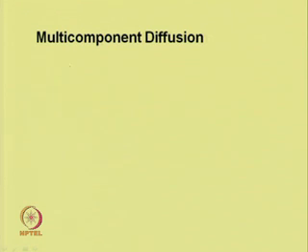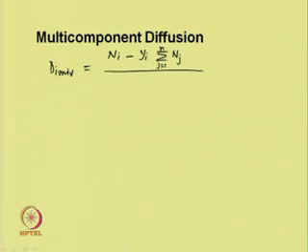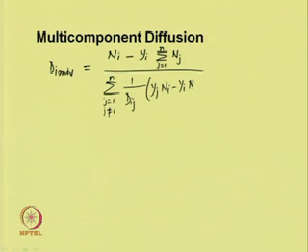So, the mixture diffusivity D_i mix we can write as (N_i minus y_i, the ith component, summation over j is equal to 1 to n N_j) divided by summation over j is equal to 1 to n, j not equal to i, 1 by D_ij binary diffusivity into (y_j N_i minus y_i N_j).